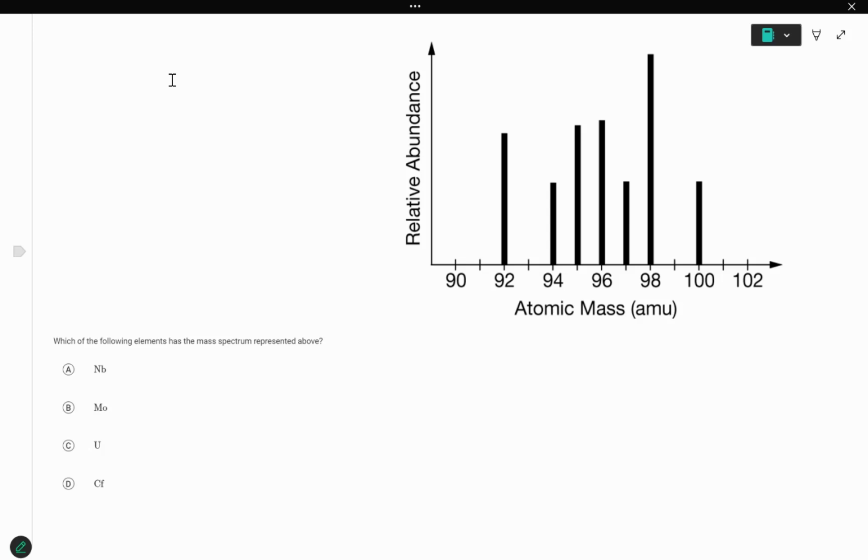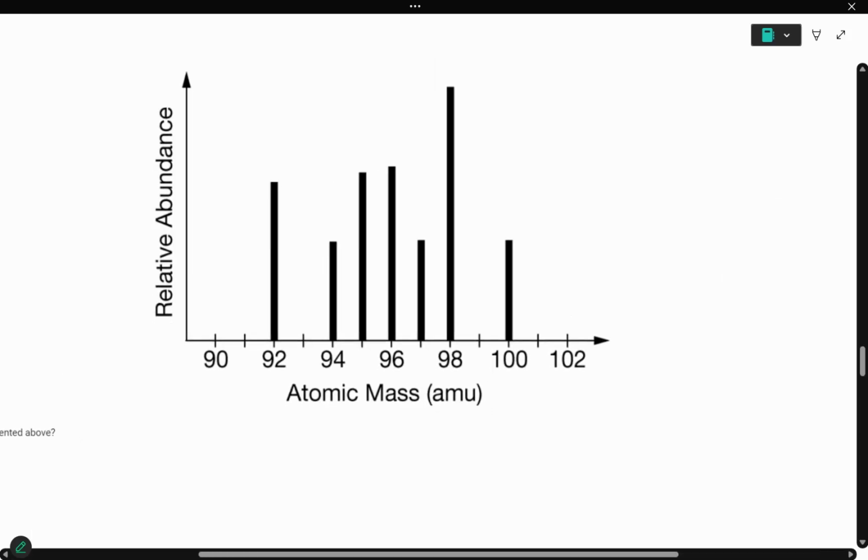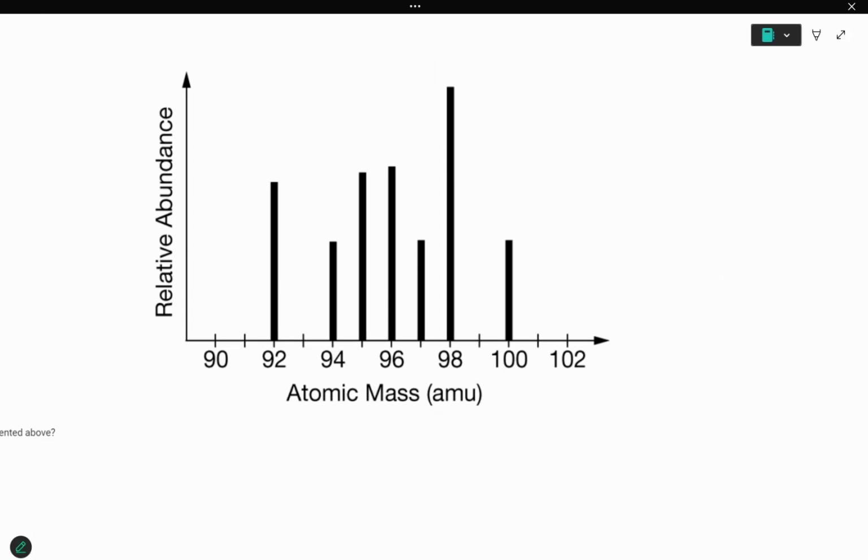So I will walk you through this. The whole idea behind a mass spectrum is that it is telling you how many isotopes exist at a certain percentage, right?